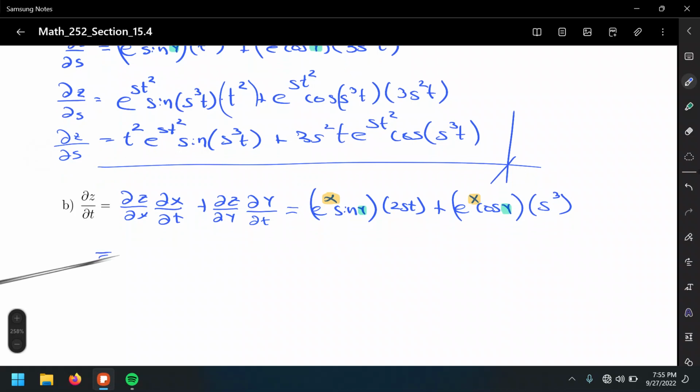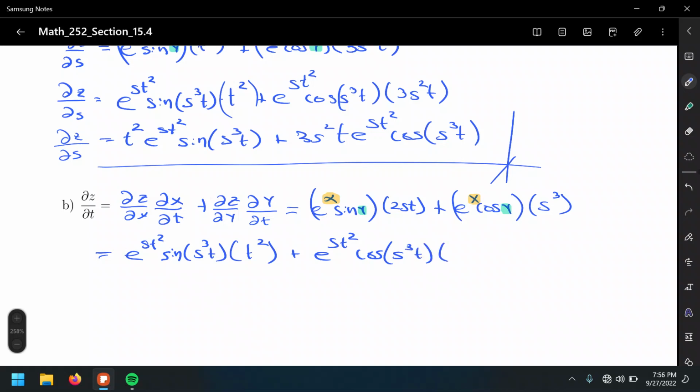So that's e to the x, which is st squared, sine of s cubed t, times still t squared, plus e to the st squared cosine s cubed t times s cubed. And really, again, there's not much to simplify.